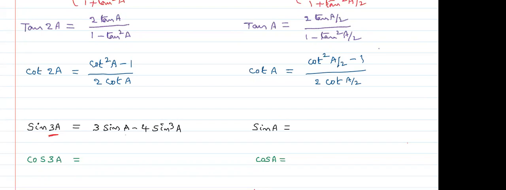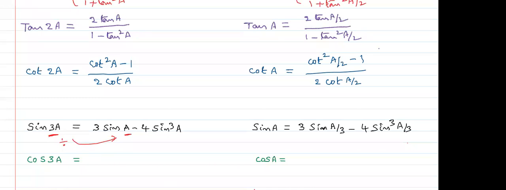That's why here we got a. That means divide by 3 here, then you will get it. And here a is there. Divide by 3, you will get the submultiple angle formula. The sin a formula is 3 sin a by 3 minus 4 sin cube a by 3.